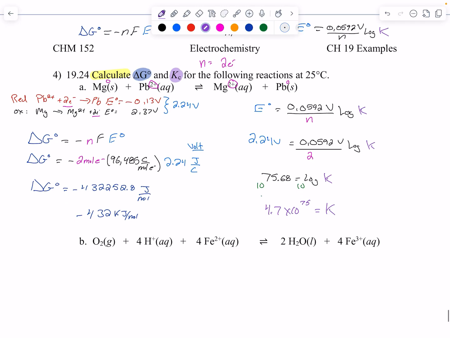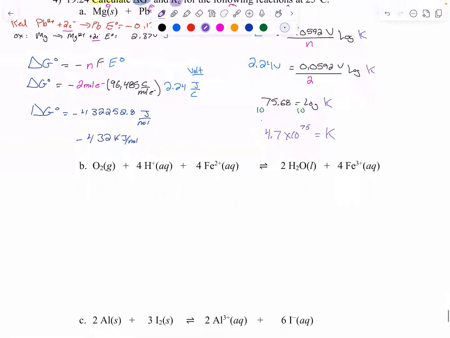All right, same thing happens with B. So for B here, what do we got? We got oxidation and we got reduction. So what's doing what?